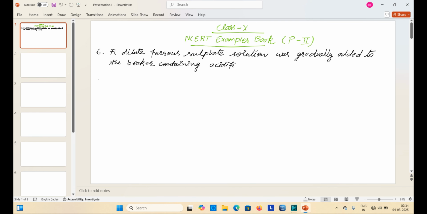So here we have acidified permanganate solution.